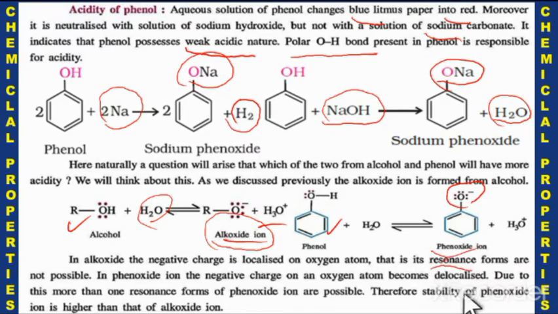Due to the resonance, the stability of the phenoxide ion is more, so phenol can easily lose this proton. But in alcohol that possibility is not present, so the stability of the alkoxide ion is less than the stability of the phenoxide ion, so the acidic nature of phenols is more compared with that of alcohols.